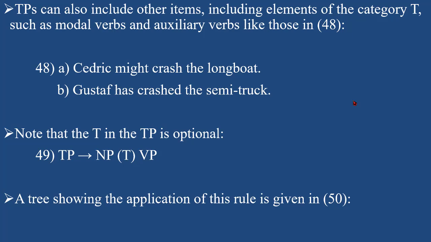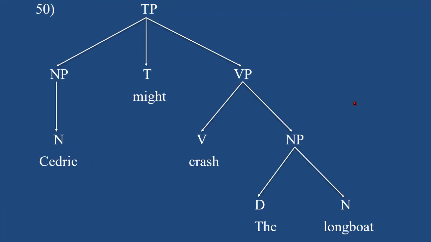Okay, so we have has and might. These are the items that we put in T. They are for the tense. So note that T in the TP is optional. TP consists of an NP and an optional T and the VP.